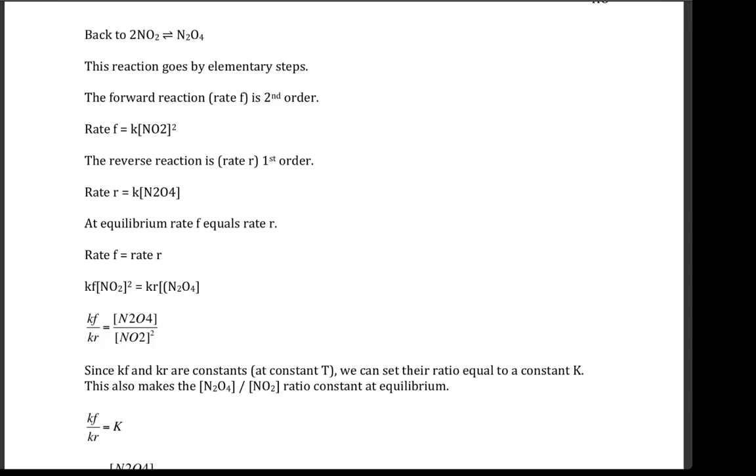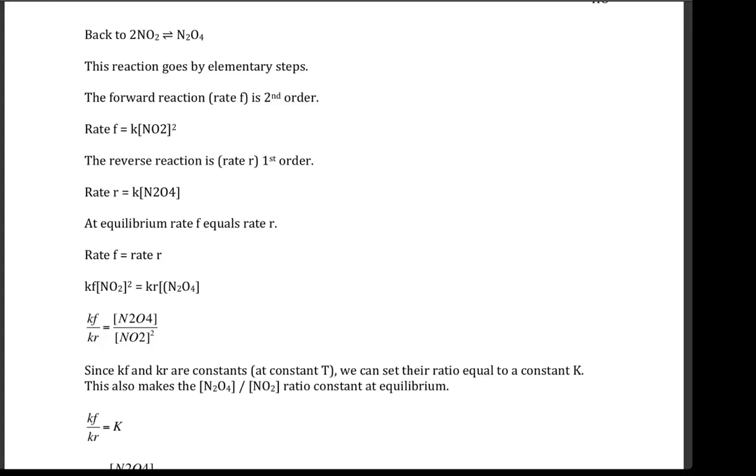So if we were to write the rate law for the forward reaction, we would write rate of the forward reaction is equal to Kf, the rate constant for the forward reaction, times NO2 squared. It's second order because of the stoichiometric coefficient 2 in the reaction.